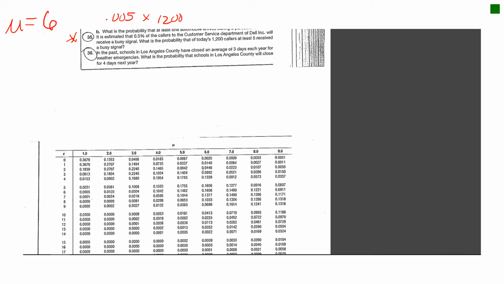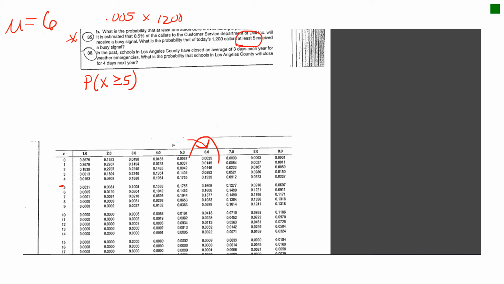And then the question they're asking is, what is the probability that at least 5 would receive a busy signal? So at least 5 is like saying the probability that x is greater than or equal to 5. So I go to my Poisson table, I locate where mu is equal to 6, and I want 5 or more. So here's where my 5 or more starts right there.